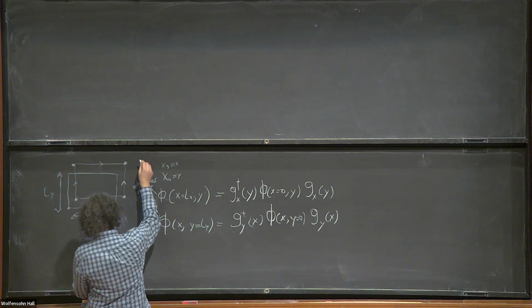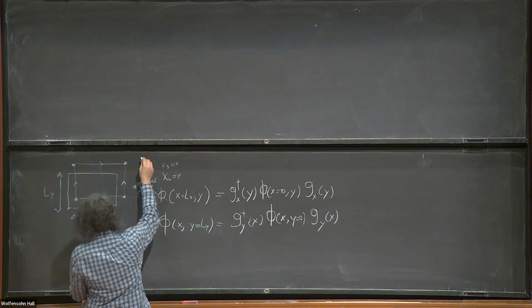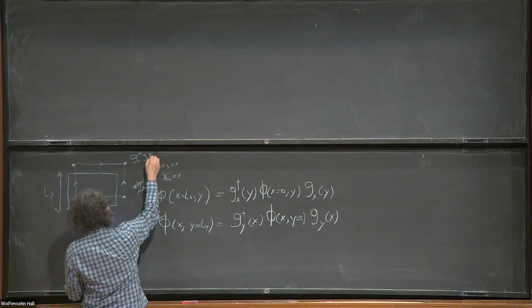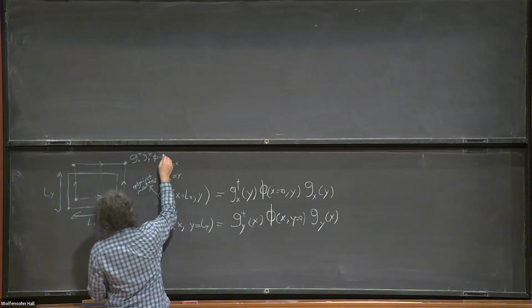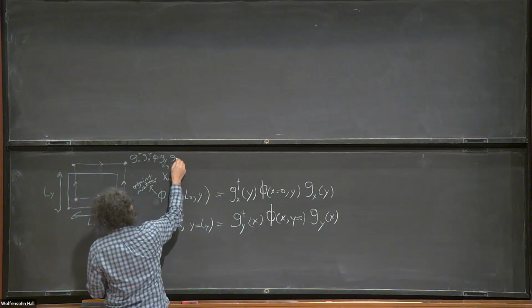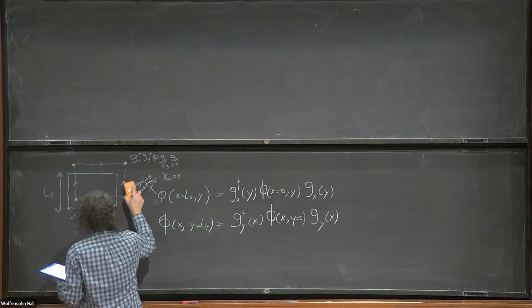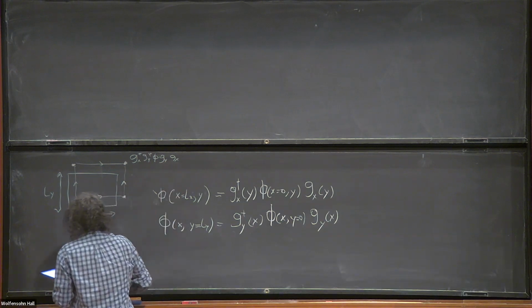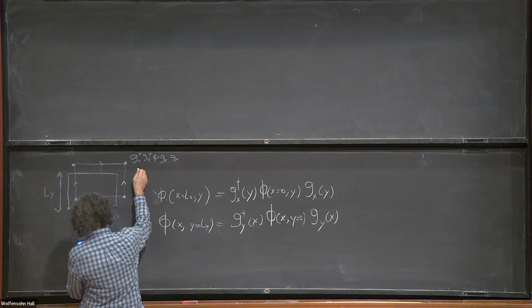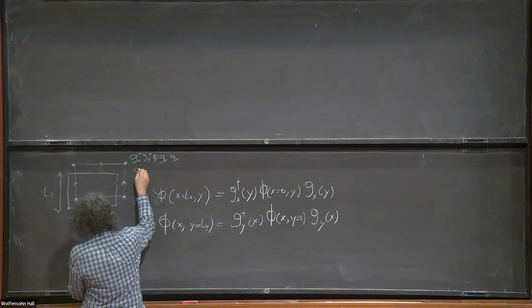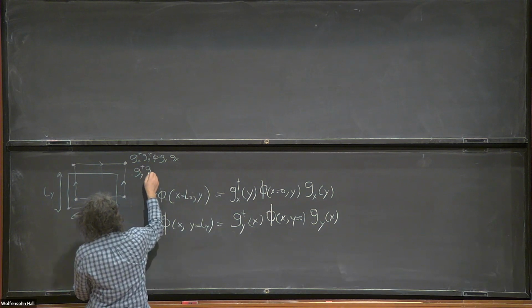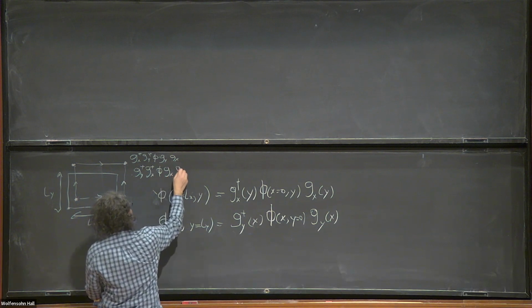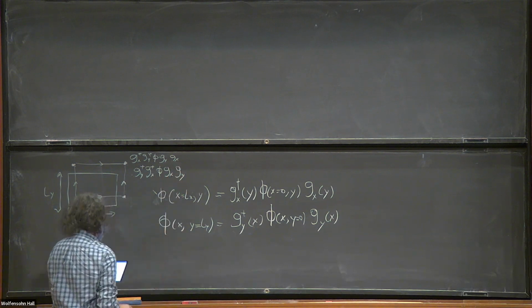Schematically, you end up with gx dagger, gy dagger, phi, gy, gx, or the other possibility is gy dagger, gx dagger, phi, gx, gy, these transition functions.